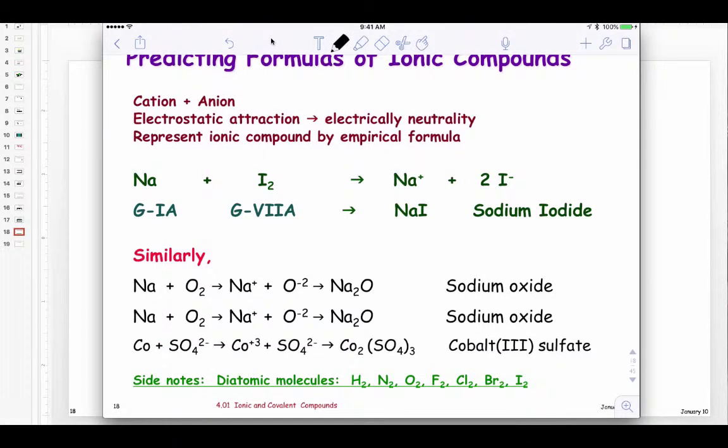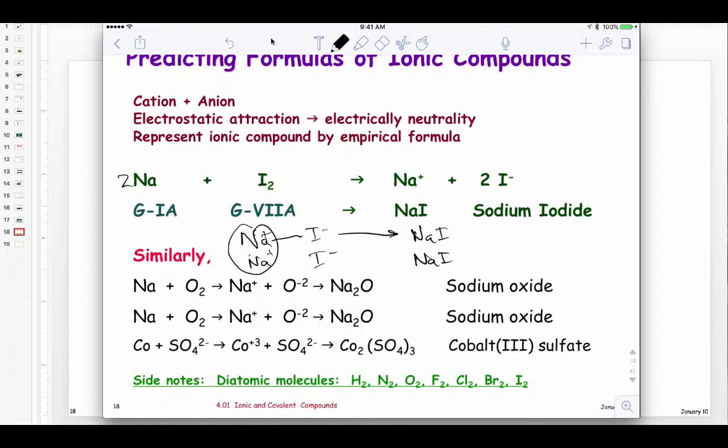The sodium and the iodine will combine. You will need 2 sodiums to combine with each of these iodines. The sodium, remember, is +1, to form NaI.